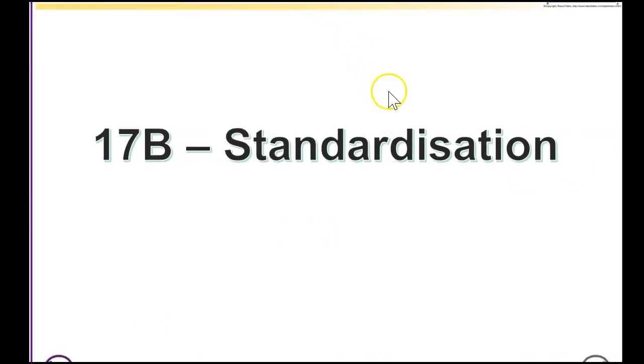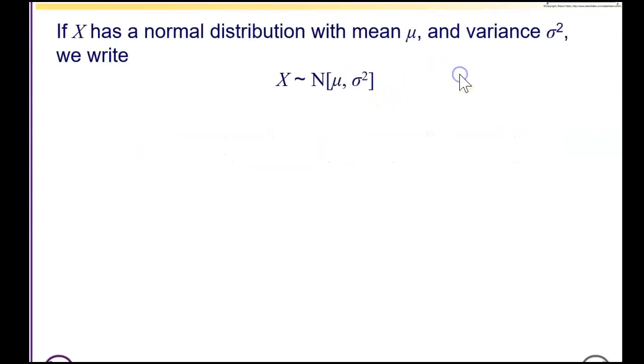17B now. Standardization. If X is a continuous random variable that has a normal distribution with mean of mu and variance of sigma squared, then we write X is distributed normally, round brackets, mu comma sigma squared.